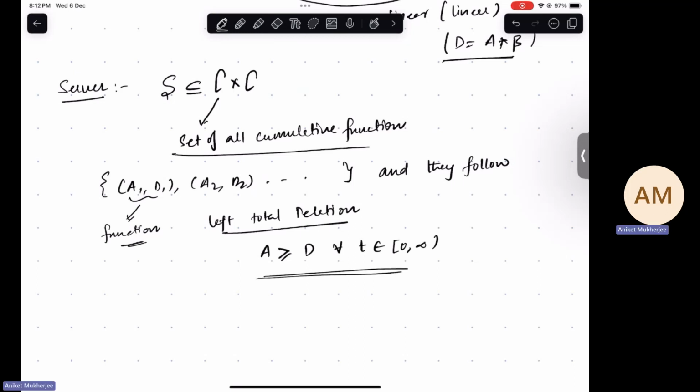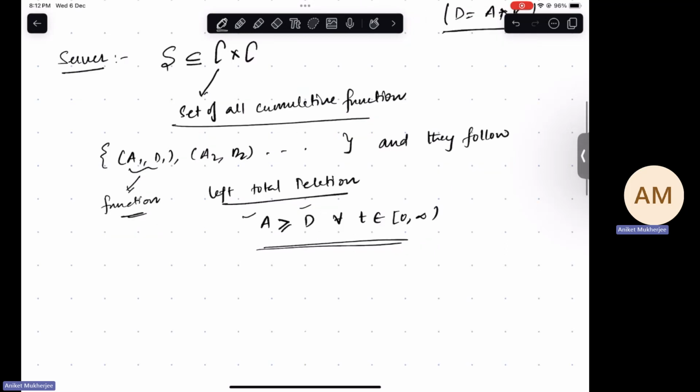For all positive values of t, the arrival will always be greater than or equal to D. So when a tuple, an element of the set S, which is known as a server, follows this relation, we say that point-wise A and D have the relation that I have just written down. We denote this as A passed through a server S gives an output D, or you can write it as (A, D) belongs to S.